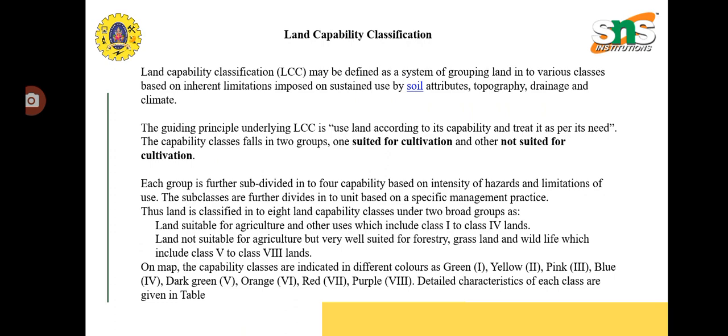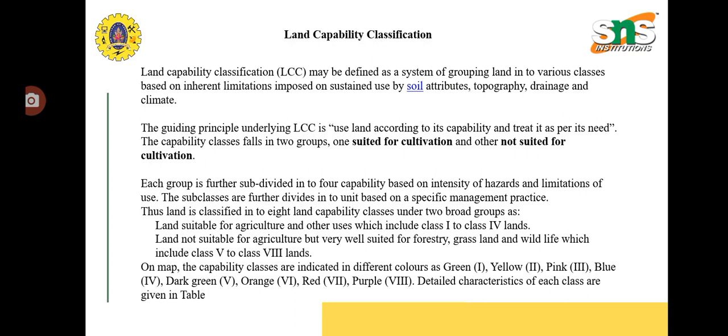Land capability classification gives complete information regarding various parameters based on the classification done. It is a system of grouping soil primarily on the basis of their capability to produce common cultivated crops and pasture plants without deterioration over a long period of time. It is subdivided into capability class and capability subclass.